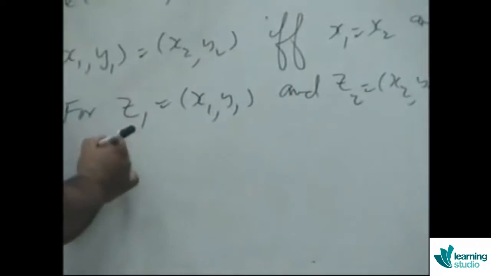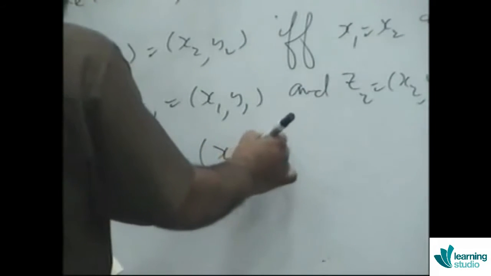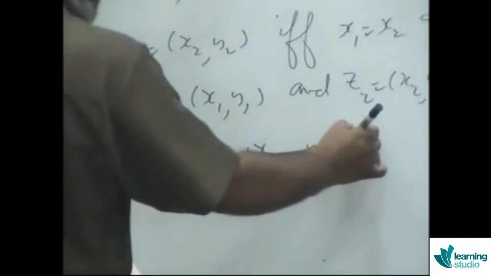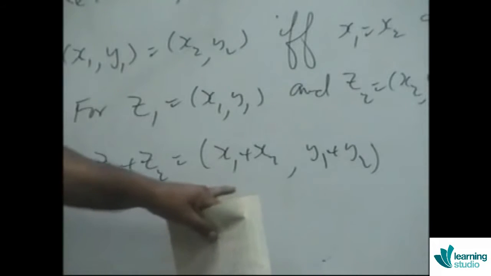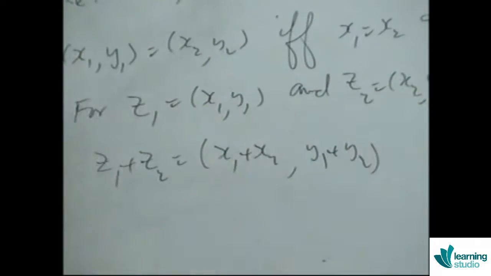The addition, that means z1 plus z2, is nothing but (x1 plus x2, y1 plus y2). So the respective components will be added. The first component is added to the first component, the second component is added to the second component. So this is the addition of two complex numbers.